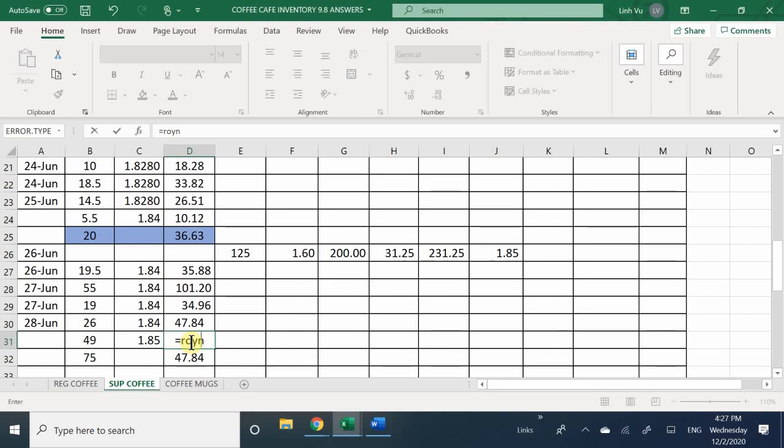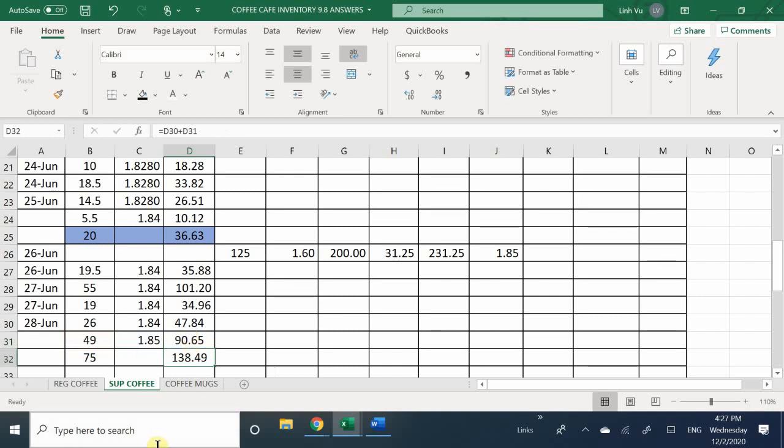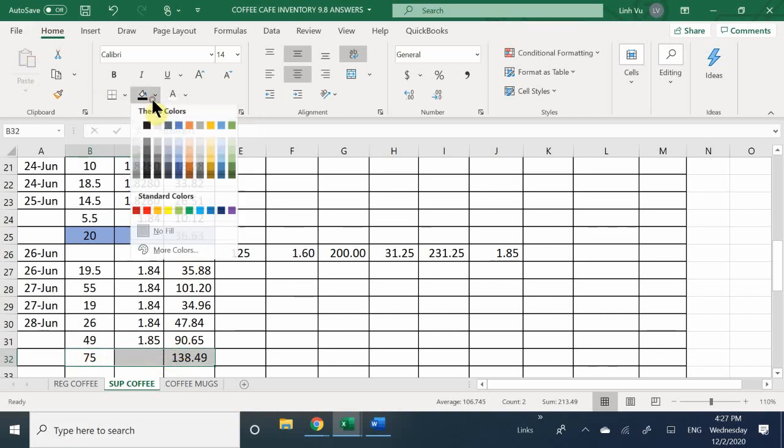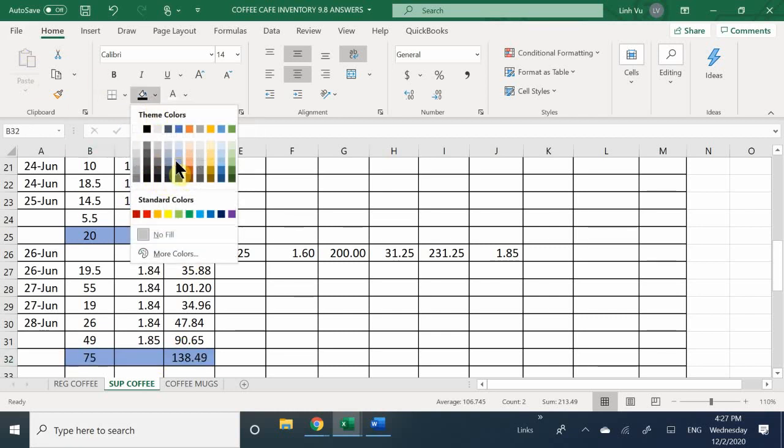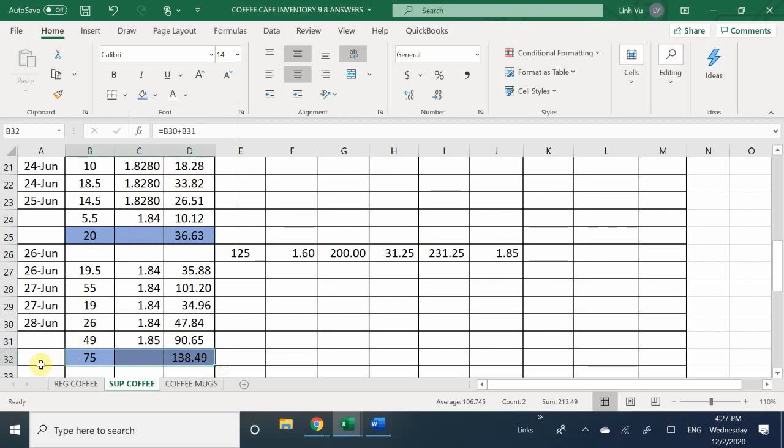Okay, so 75. The 26 is the 47.84, and then the 49 at the 185 is 90.65, which is a total of $138.49.